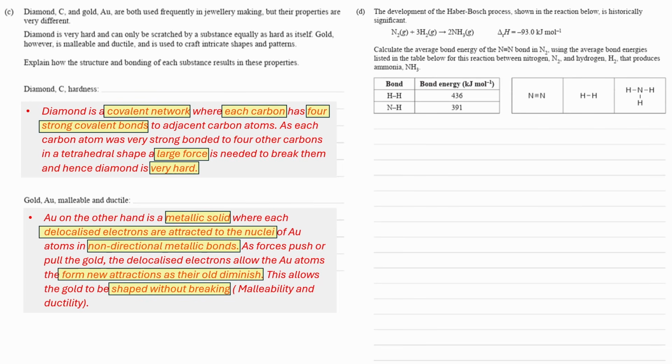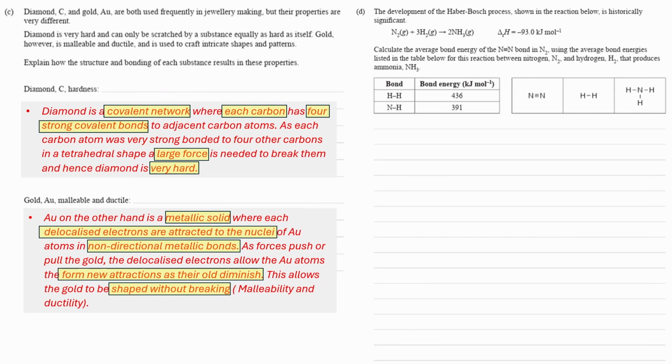Now, if you recognize in gold or diamond that the bonding influences the different properties, you get achieved. If you linked the bonding and structure of one of the solids to the properties, so if you did one of these correct, either the first one or the second one, you get a merit.